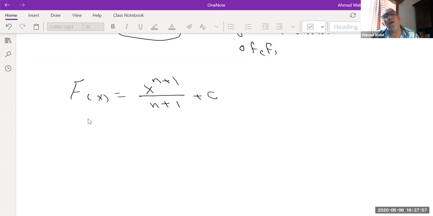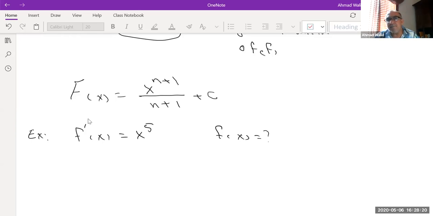I'll start now with a really easy example. Number 1, f prime x equals x to the 5. They are asking you to find F of x. Find the antiderivative of this function.